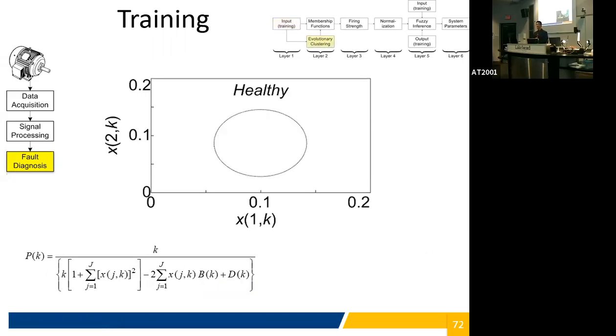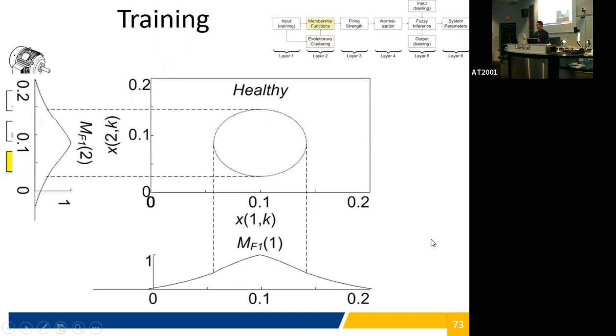Then the clustering itself: once we determine a point with high enough data density, we can determine the center of what's called a cluster. The cluster spread can then be determined based on the number of points closest to that center with this kind of calculation here. Then we project this cluster, which is one of many clusters, for example, into membership functions.